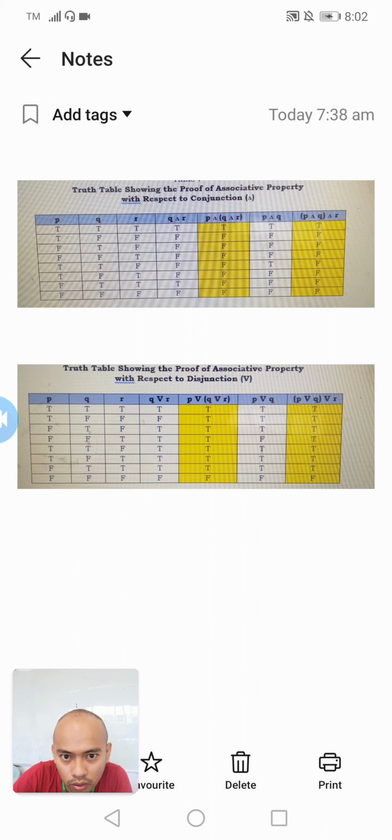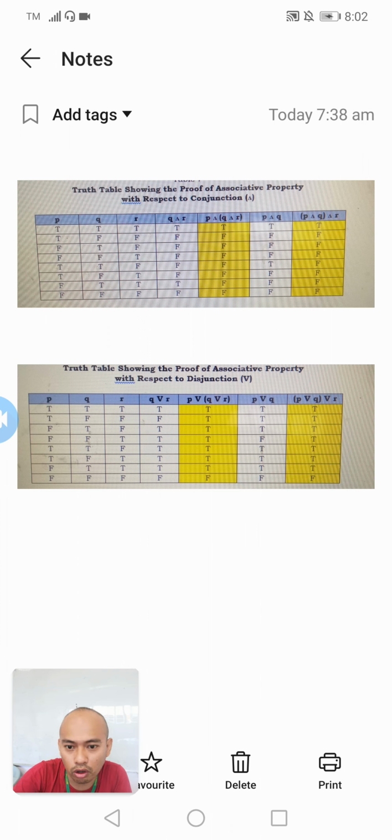Next, your P or Q is true while your R is false, at least one is true, that is still true. Your P or Q is true and your R is true, that is both true, so automatic that will be a true statement. And your P or Q is true and your R is also true, that is also a true compound statement under the disjunction operation. And both of them are false, so automatic, that will be a false statement.